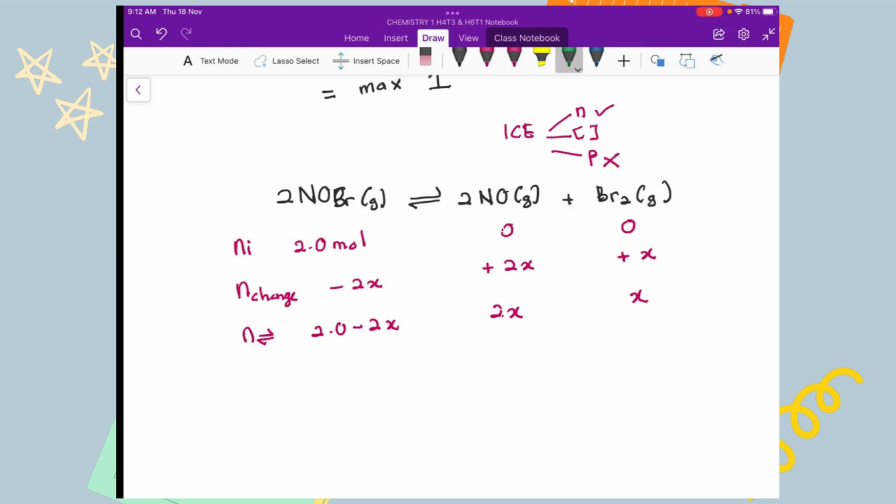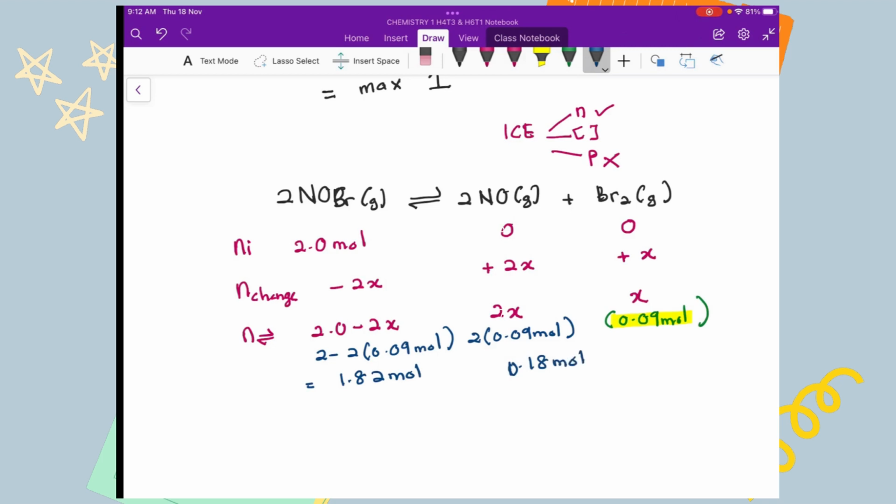So we can put the value here, and automatically the value of x is equal to 0.09. So we can insert the value here and also here. From there you get the number of mole, which is 1.82 mole, 0.18 mole and 0.09 mole.